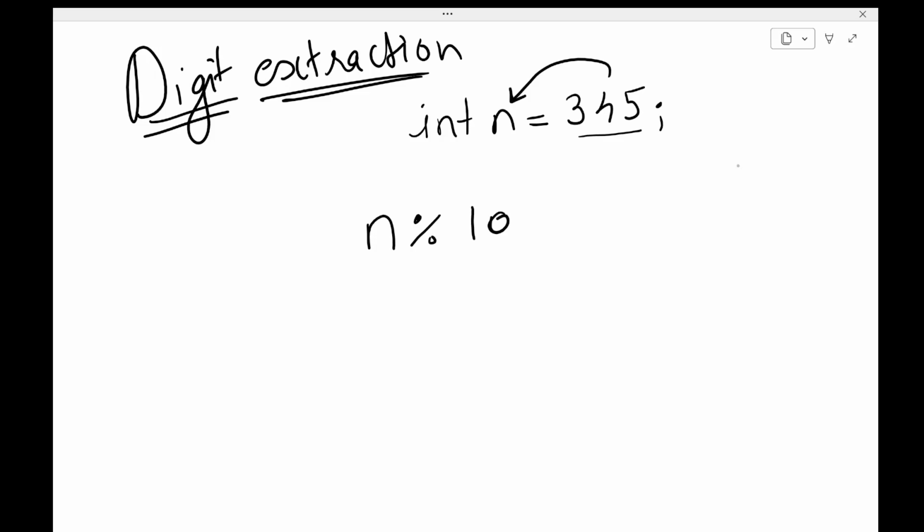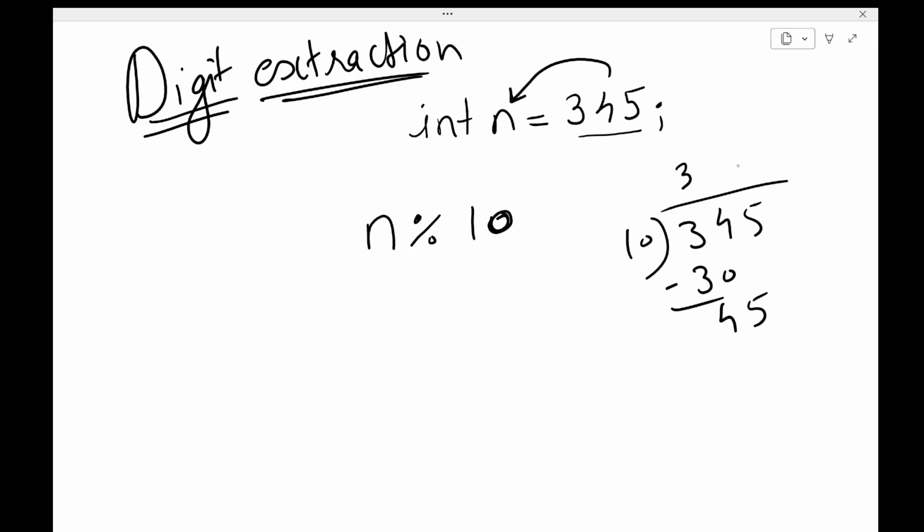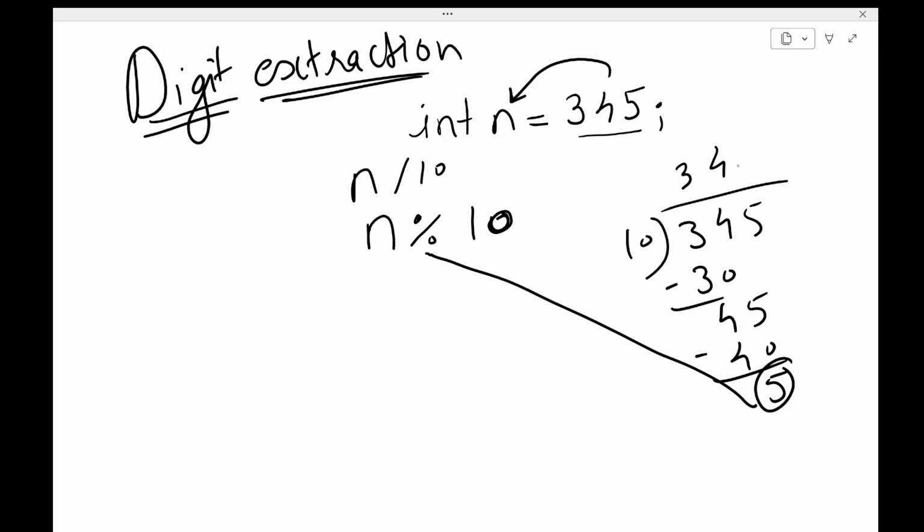When I divide any number by 10, say for example this 345, 10 threes are 30, we get 30 over here, 4, then 5 comes down, then here I have 4, then 40. So when I use this particular operator, it gives me this answer, and when I use the division sign, it gives me this as an answer. So this sign gives me the quotient and this sign gives me the remainder.